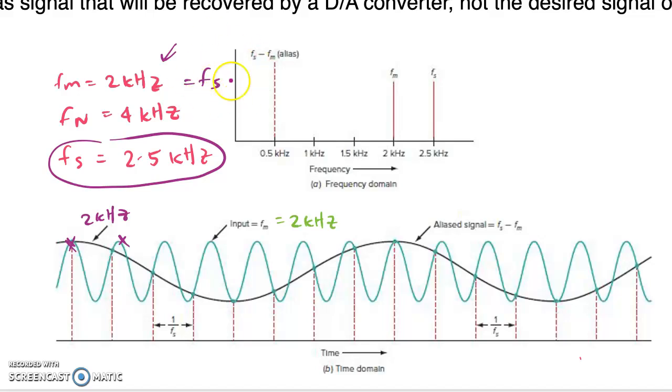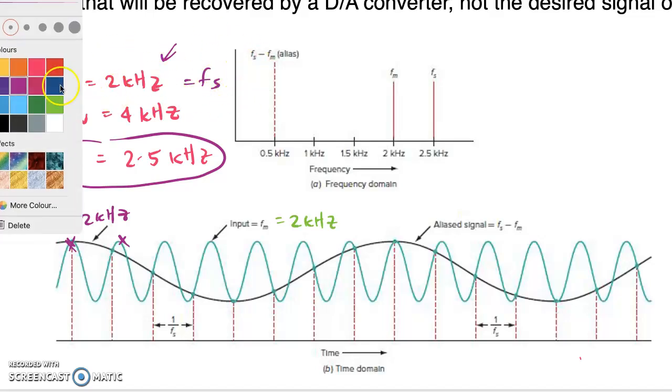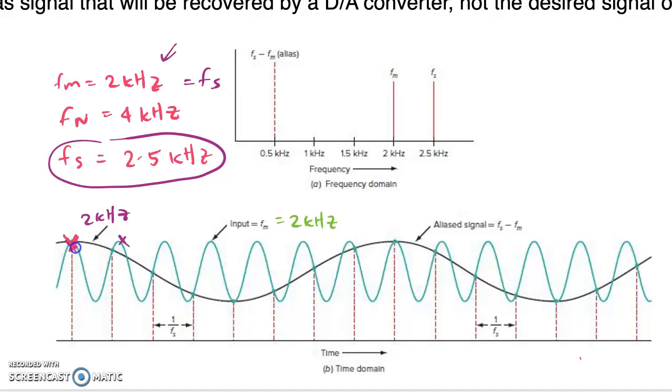That is, if it is following FM. Maybe I need to indicate it like this. Okay, 2 kilohertz is pink. And then Fn, or 4 kilohertz, where should it be? Fn, or 2 kilohertz, I would start here. The next sampling would be there.